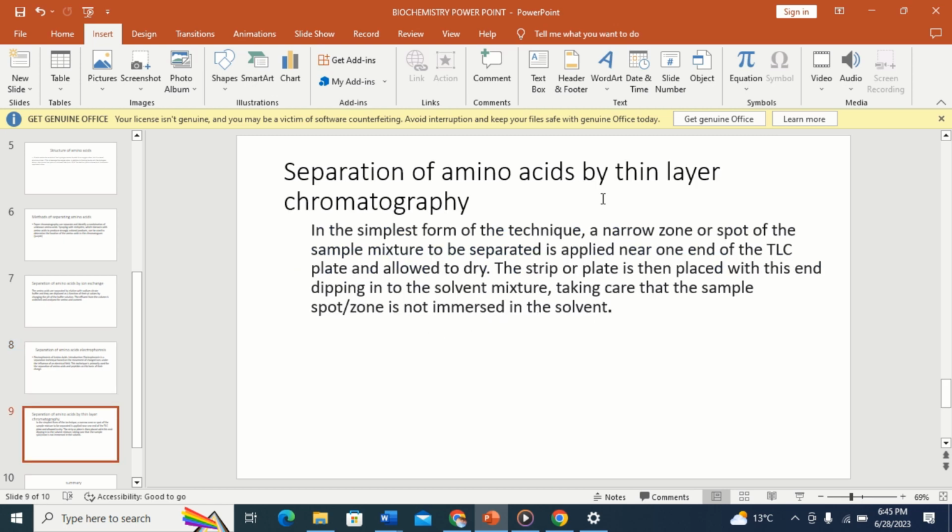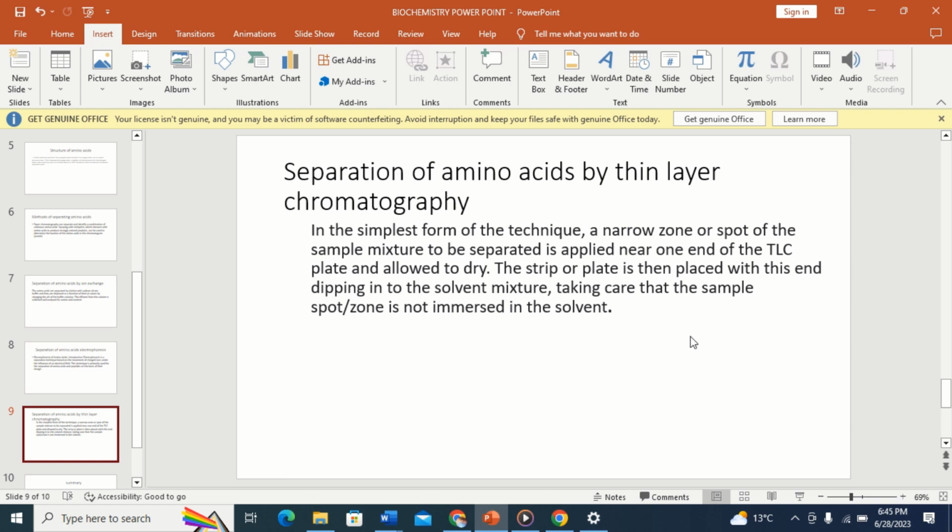So we'll also look at another one, that is the separation of amino acid by thin layer chromatography. Dismas, can you see the slide? I want you to take us through what you can see from the slide. Separation of amino acids by thin layer chromatography.